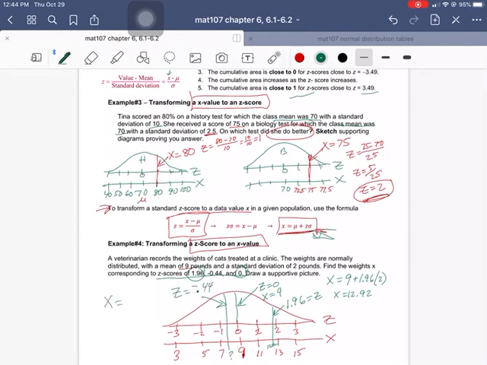So x equals mu, which is 9, plus z, which is negative 0.44, times 2. We expect it to come out to be around 8 pounds. When I crunch this out, this comes out to 8.12 pounds. Okay, so this is valuable to keep handy. X to z, z to x. Okay.